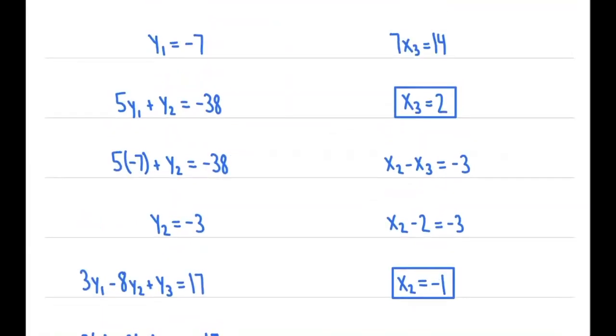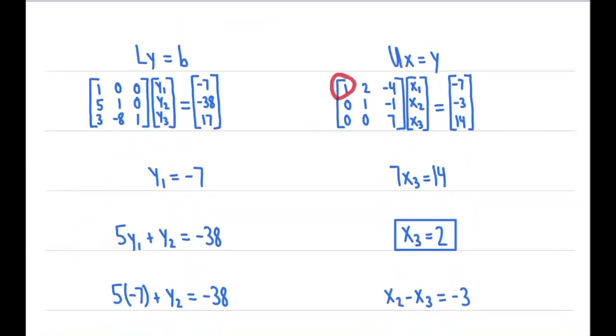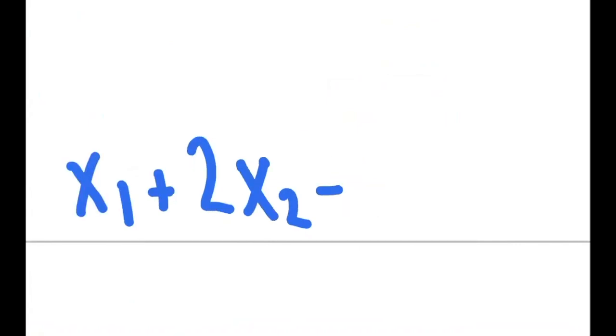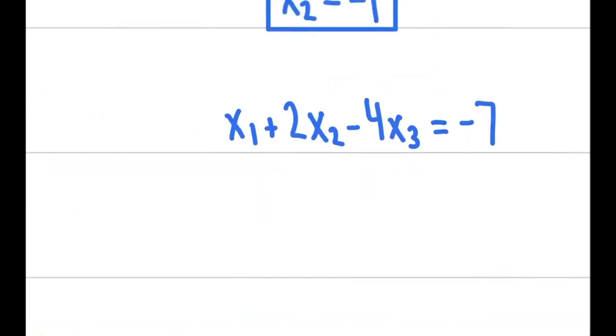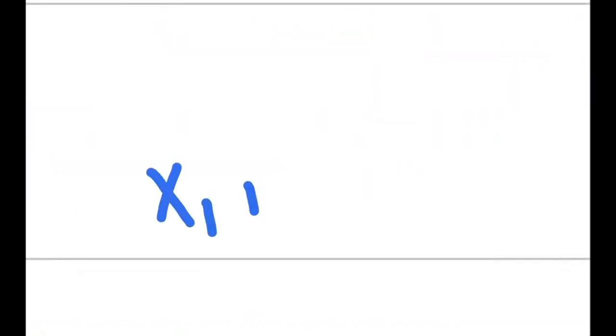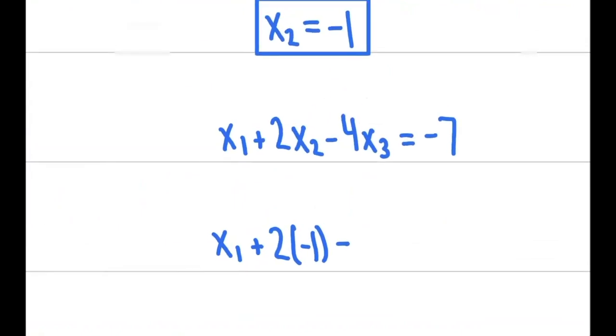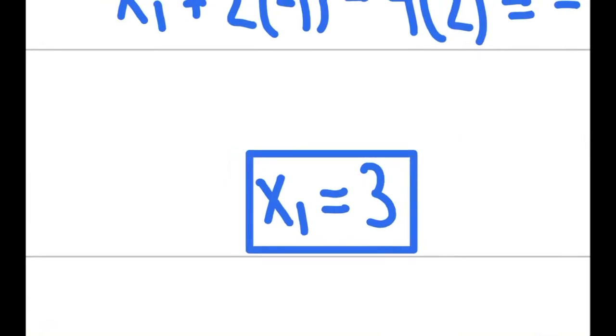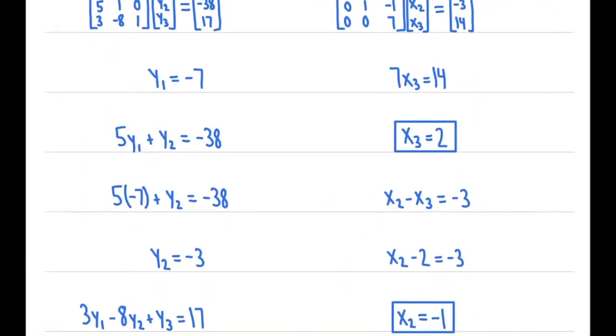And lastly, the next equation is x1 plus 2x2 minus 4x3 is -7. x2 is -1, x3 is 2. And if you do the arithmetic, you'll get x1 equals 3. And that is our solution, 3, -1, 2.